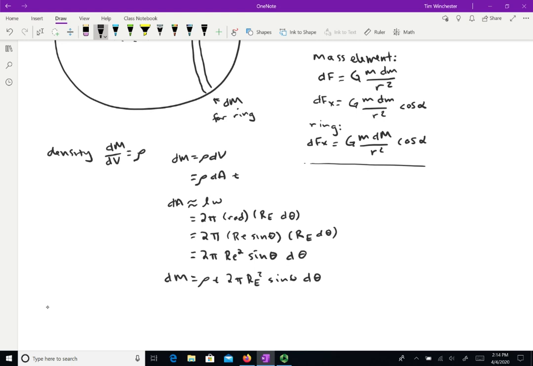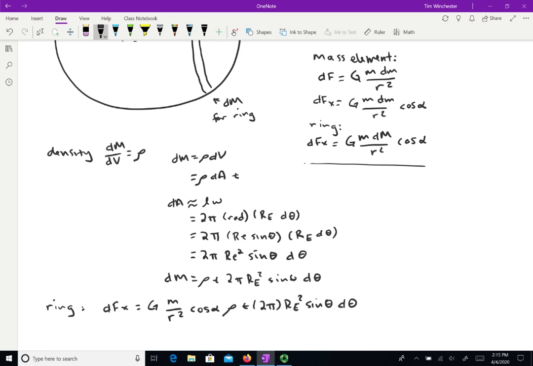So for the ring, we have dF_x is equal to G M over r squared cosine alpha, and then dm was rho t times 2 pi R_E squared sine theta d theta. Okay, so that's a lot of things in that expression.